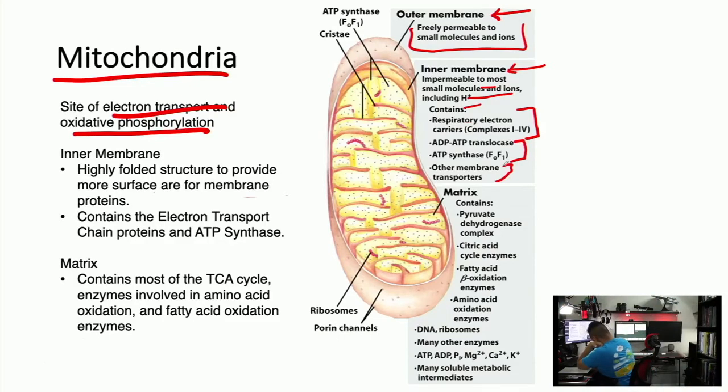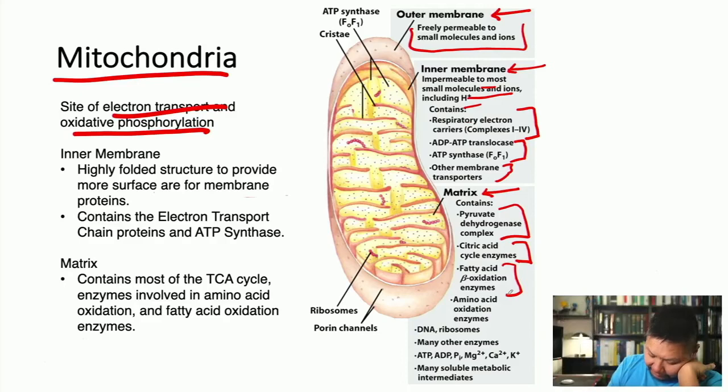And then on the inside of the mitochondria, we have the matrix, and that's where all the previous enzymes we were talking about are, like pyruvate dehydrogenase complex and citric acid cycle enzymes. The fatty acid beta oxidation enzymes, which sadly we won't be able to talk about much because we don't have time in the class left, and also the amino acid oxidation enzymes.